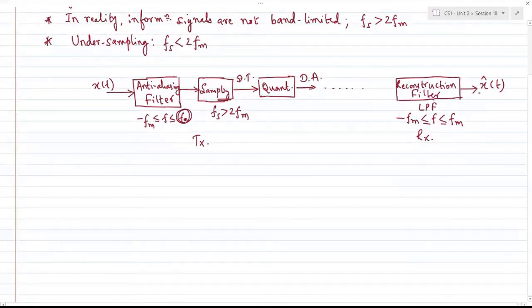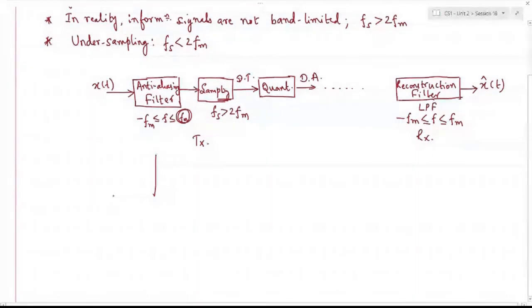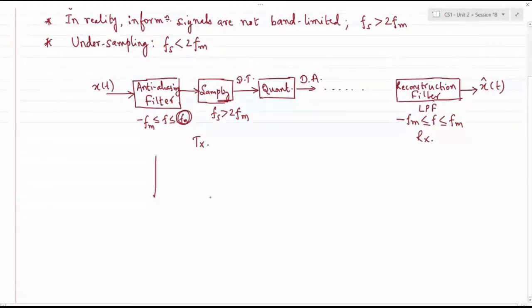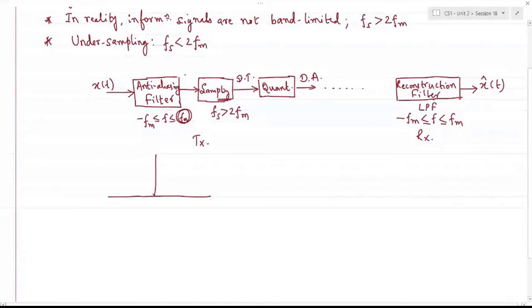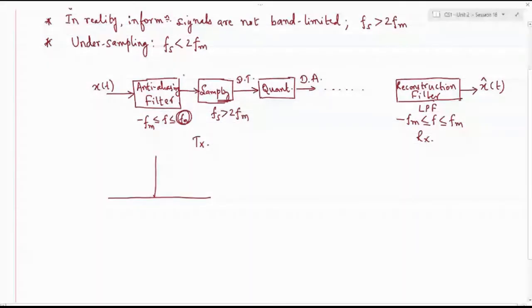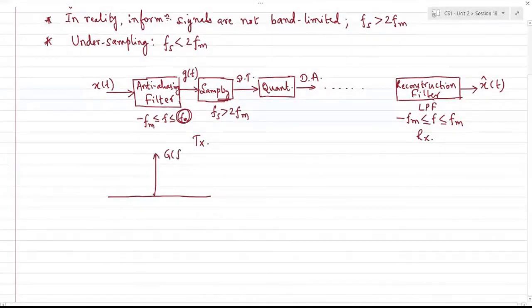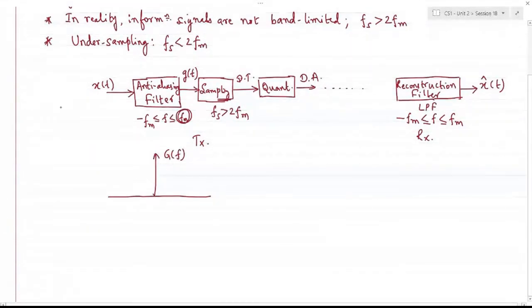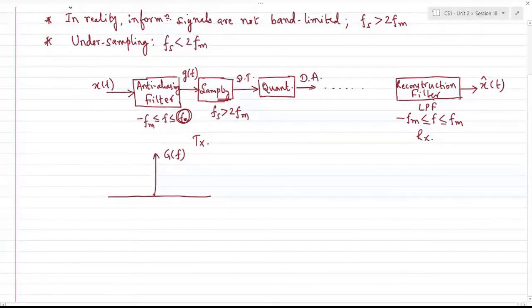But if you talk about the characteristics of the filter, you can do certain things. Let me say the output of this I'll take as g of t. Say there is some random information signal coming to the anti-aliasing filter, whose job is to truncate the frequency contents and limit them within minus FM to plus FM.